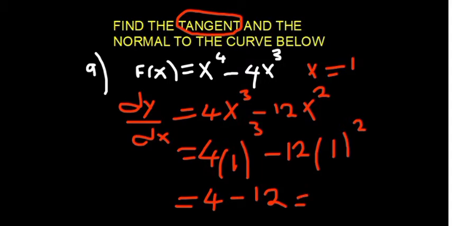So the gradient of the curve at that point is -8. To find the gradient of the tangent, the gradient of a curve at any given point is equal to the gradient of the tangent at that point, so we expect the tangent to also have a gradient of -8.